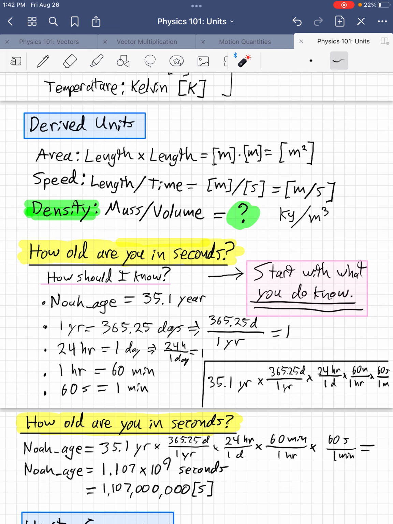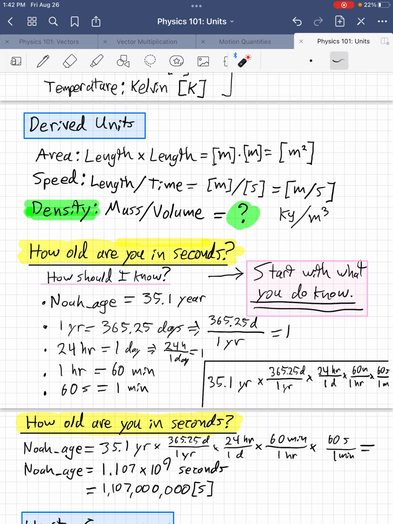And that might sound funny, right? Don't years have 365 days in them? Yeah, but what about leap years, right? Leap years happen every 4 years and they have one extra day. So on average, a year has 365.25 days.